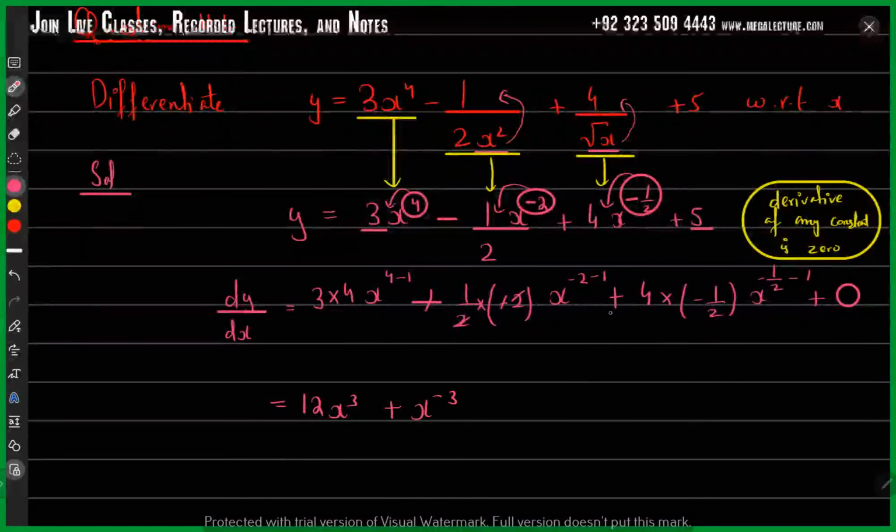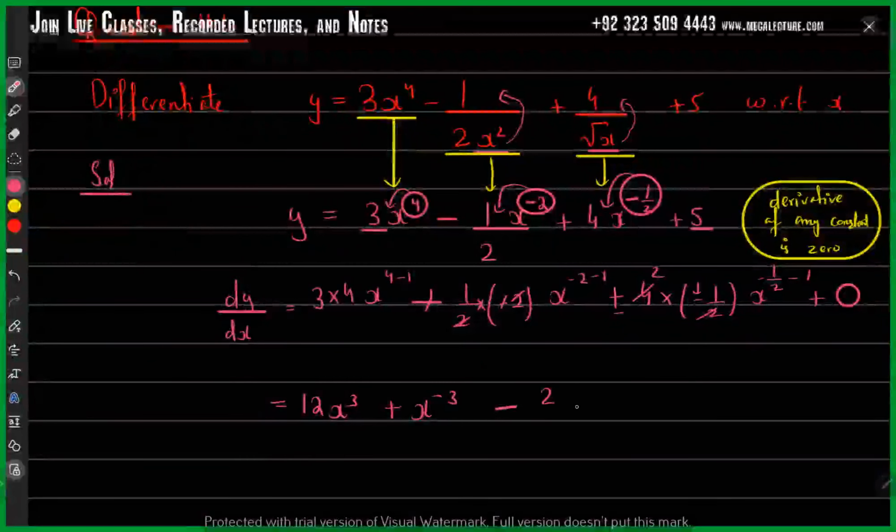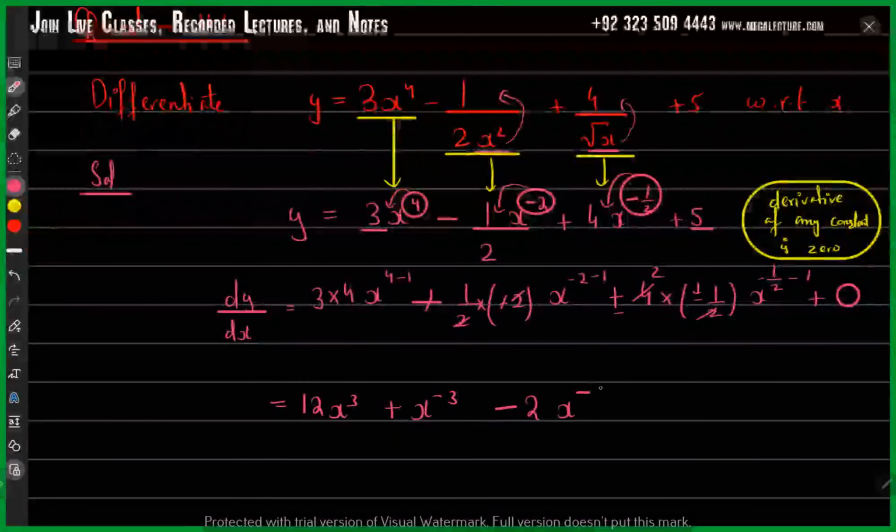Then positive and negative would make it negative, and 2 and 4 would be cancelled, and this would give you negative 2, and we would have negative 2 x to the power negative 3 divided by 2.